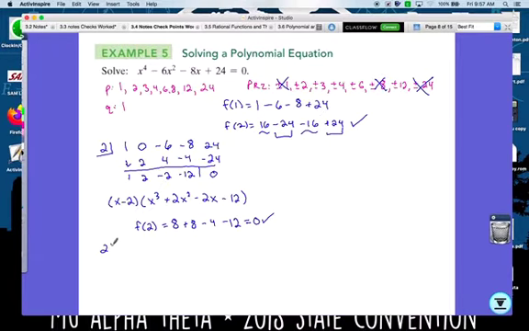We do synthetic division again with this set of coefficients. Got 1, 2, negative 2, and negative 12. Bring down the 1, multiply by the 2, add together with the other 2, multiply by 2, add to the negative 2, multiply again by the 2, which gives me 0.